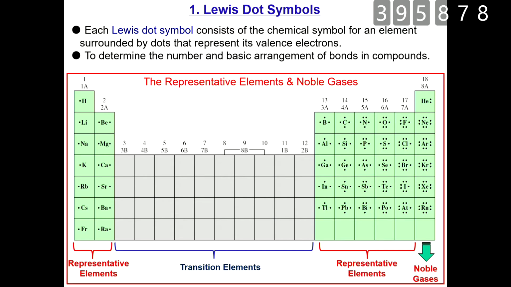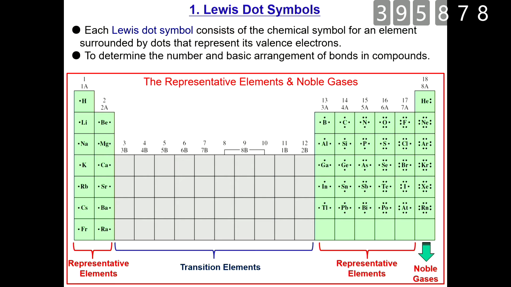Because this only means there are valence electrons. If you put two dots, this means it has two valence electrons. But it has lost its valence electron, so it doesn't have any valence electron.